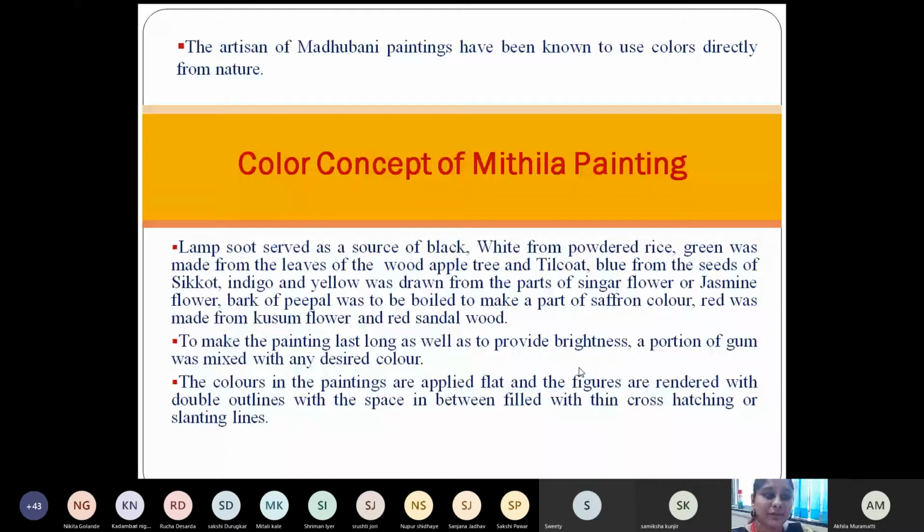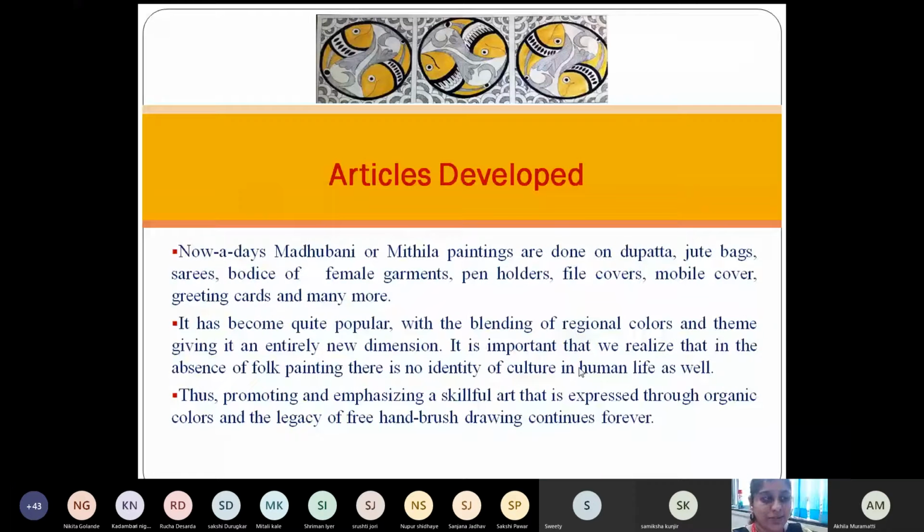Next is what are the various types of articles that are developed in Madhubani? Madhubani or Mithila painting has become so common now, and people have started to recognize it. So the articles that you see are not just wall paintings and canvas paintings.